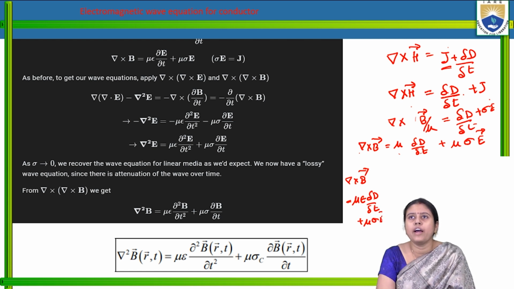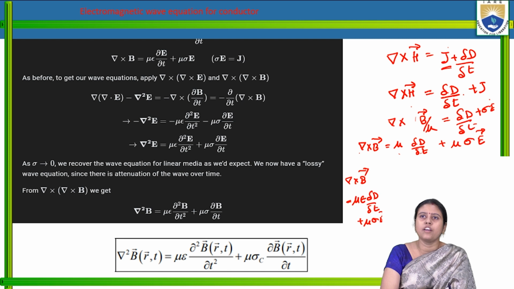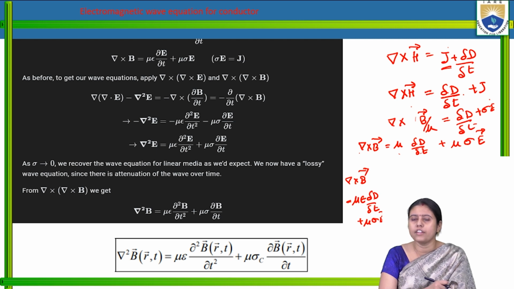Remember one thing: while deriving this equation, we should not take mu naught and epsilon naught. Why? Because mu naught and epsilon naught are only for free space. Now we are thinking about a conductor.